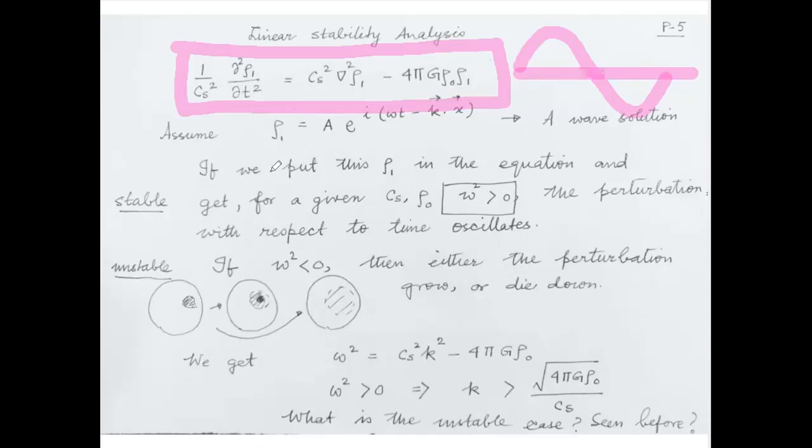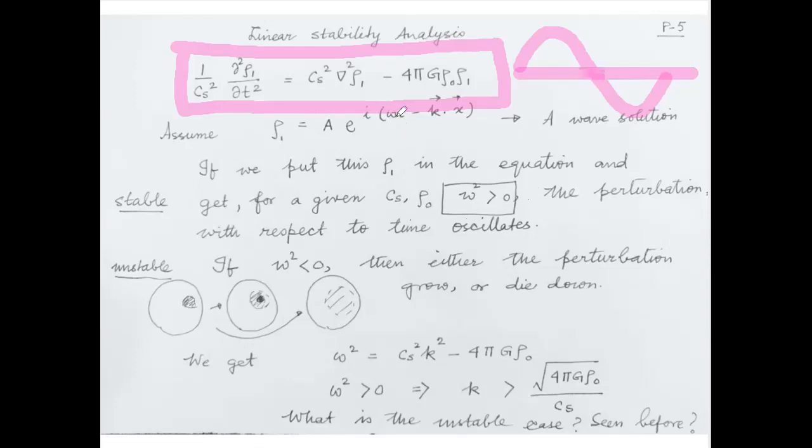Now, what did we say in the last slide? We said that if this is supposed to be a stable perturbation, then this ρ1 has to be oscillatory. And it remains oscillatory in time when this omega is a real number, or omega square is greater than 0.